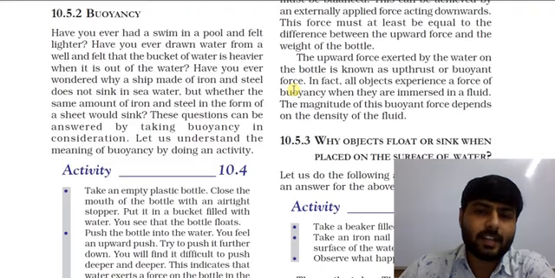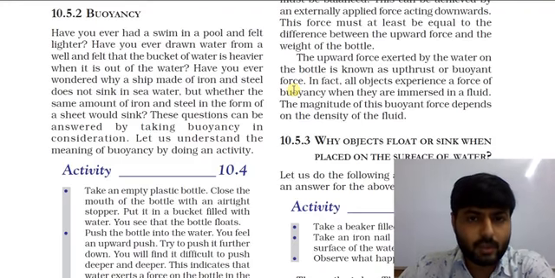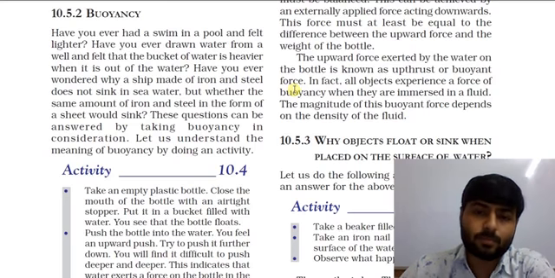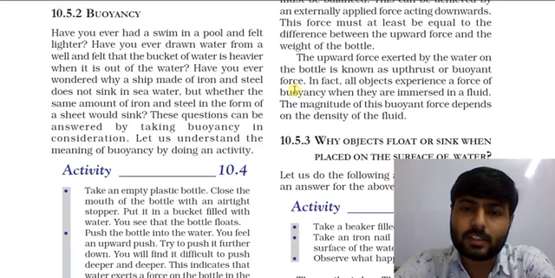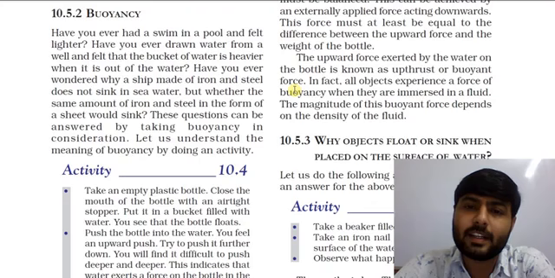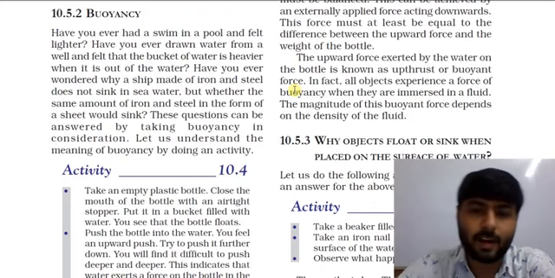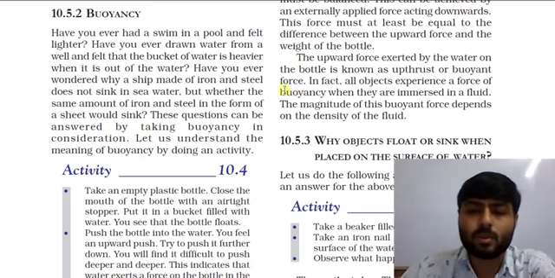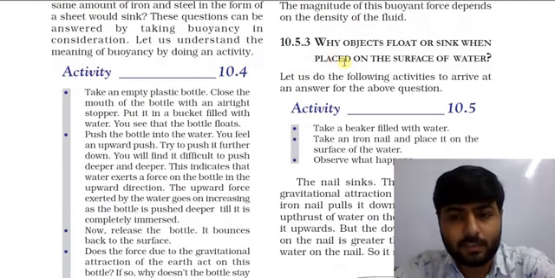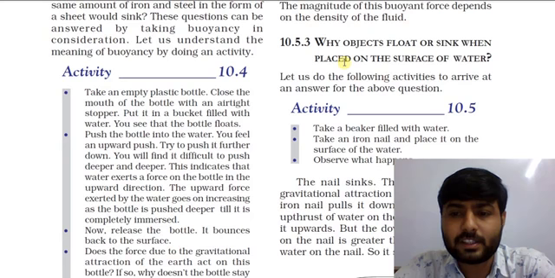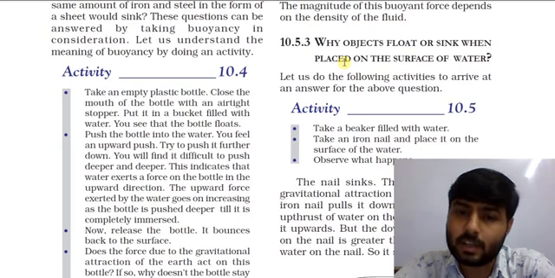We also saw that there is a gravitational force too, but due to the buoyant force, this gravitational force will be overcome and the object will move upward. After that we saw the reason for floating and sinking of objects on the surface of water.